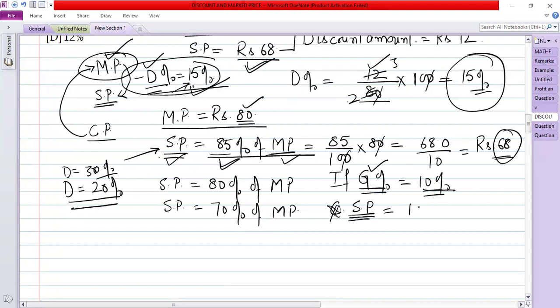It will be nothing but 110% of cost price. So this will be nothing but 110 by 100 into cost price.